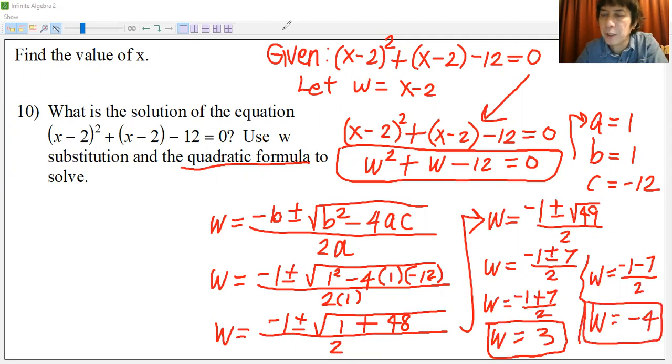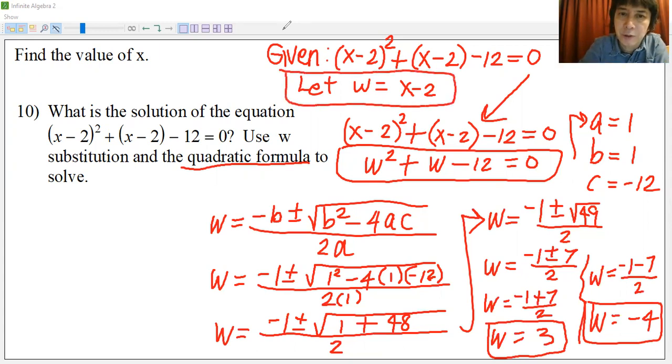After getting these values of W, we go back to our substitution: W is x - 2.